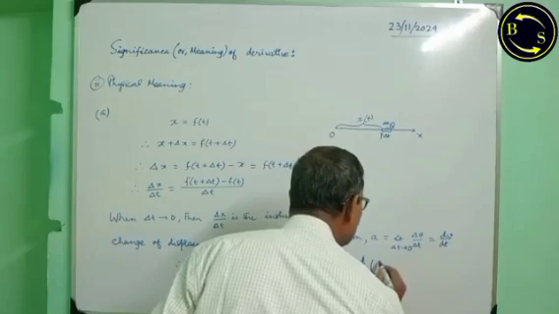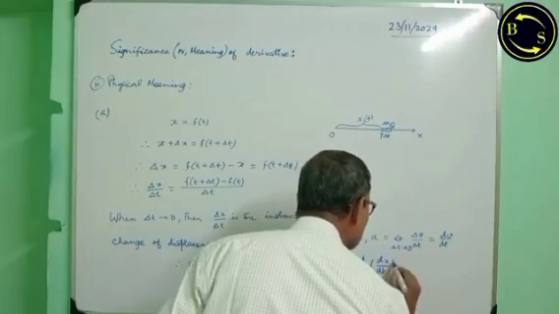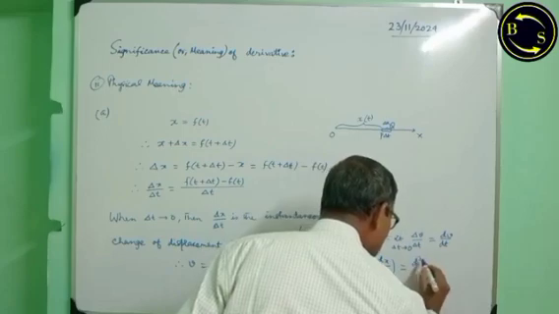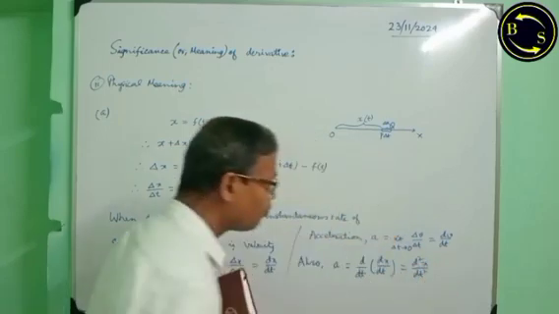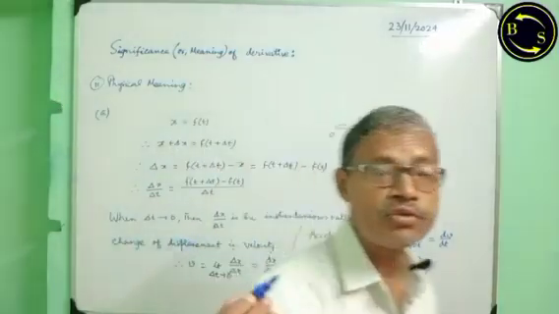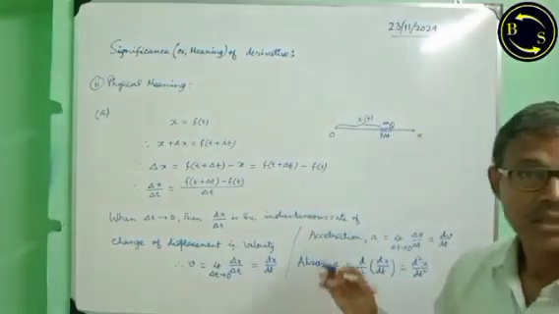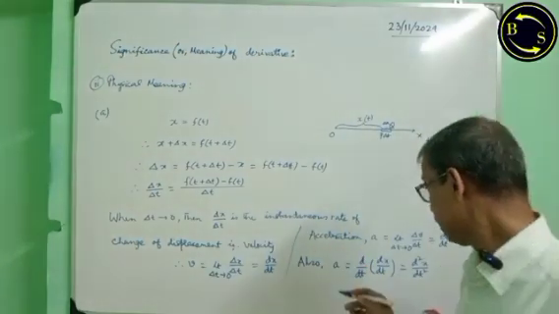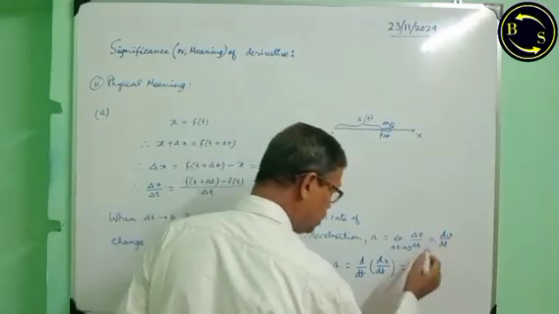In place of v, we put dx/dt. Therefore, it becomes d2x/dt2. These are very useful for the students who are reading physics. Therefore, acceleration is equal to d2x/dt2, also dv/dt.